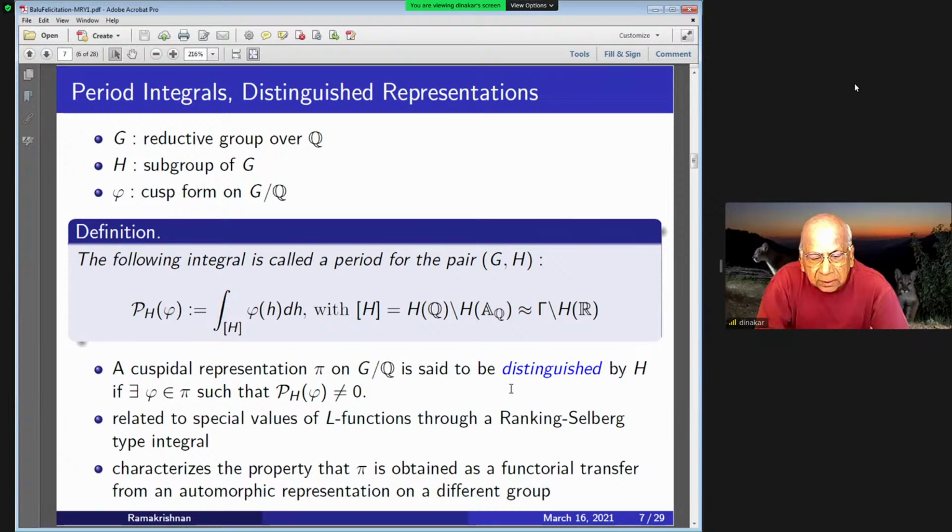And sometimes it also characterizes the property: this period integral being non-vanishing means that this form phi is actually a lift from some other group. So that's interesting. That's one of the reasons people study periods in the theory of automorphic forms. Of course, here I'm going to stress more the analytic aspects.